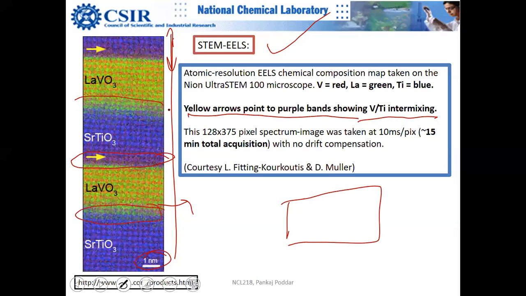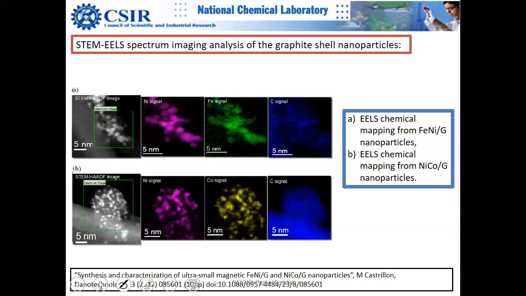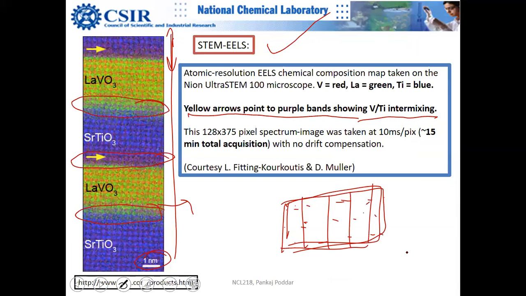The sample is actually mounted like this, so it's getting scanned like this. The TM has a serious limitation because it cannot go layer by layer.